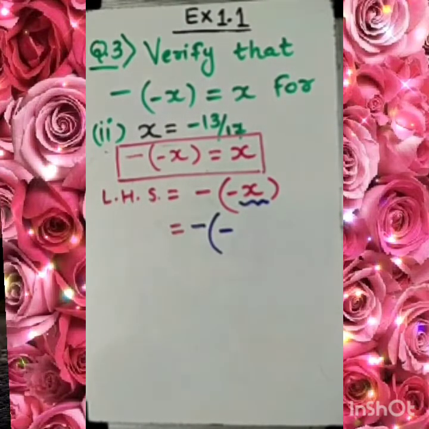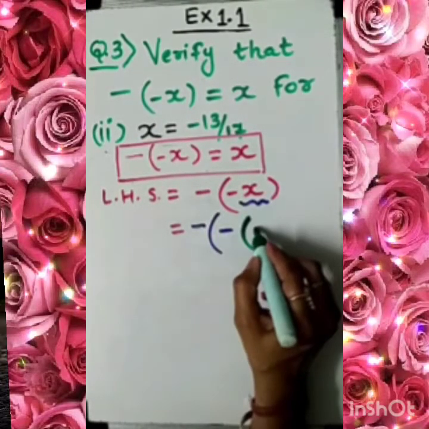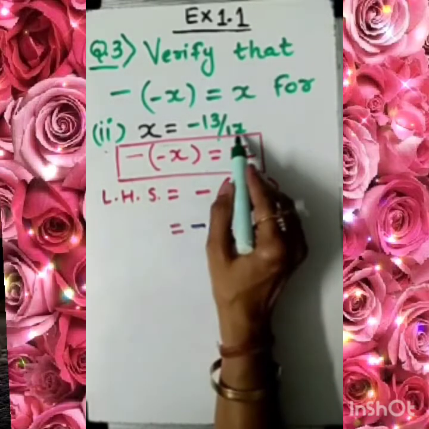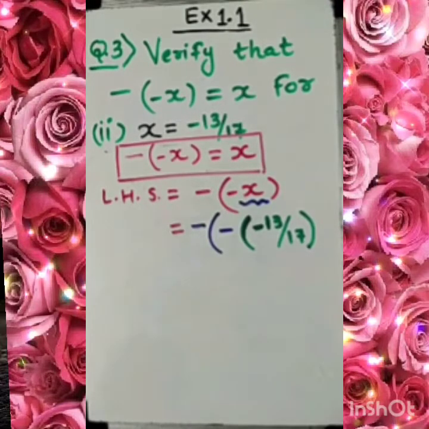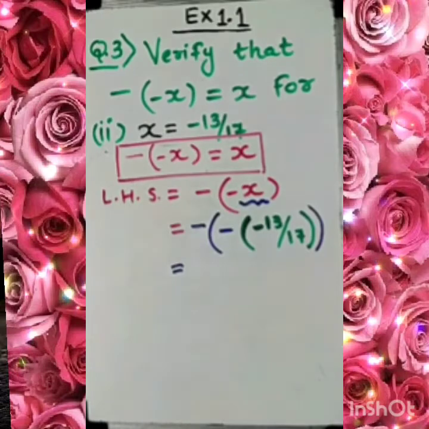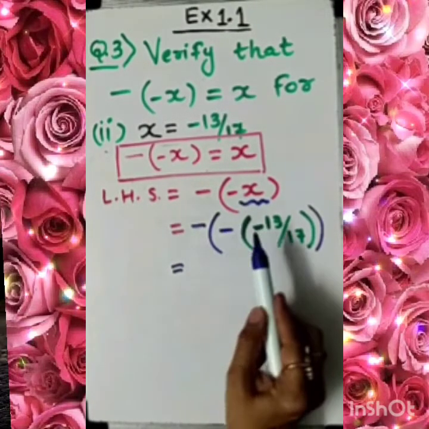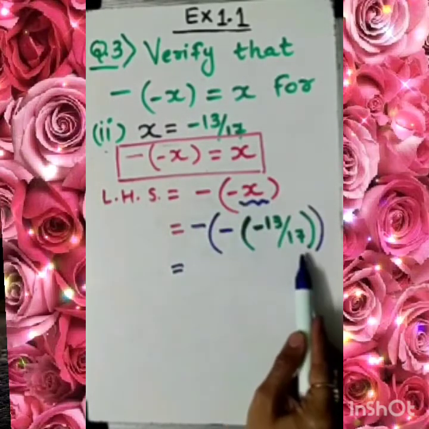The value of x is already given, so in another bracket I am writing minus 13 by 17, and this bracket is also over. Nothing I have done. Once again, minus is already given, but in place of x I have written minus 13 by 17.